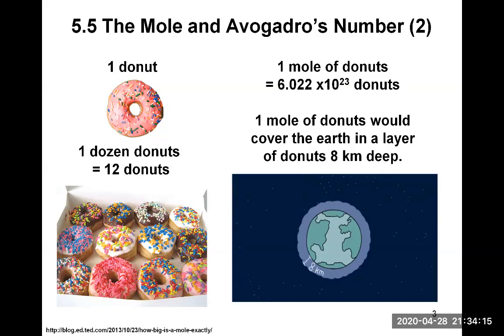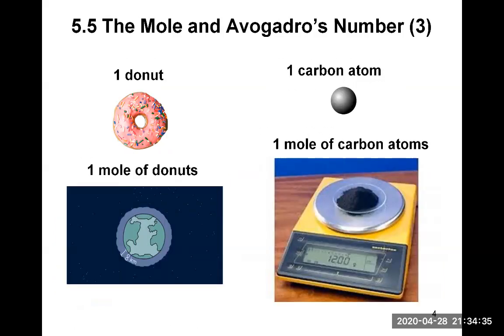And so this really shows you that if you start with a donut which is fairly big, it fills your hand, then it's impossible to gather a mole of things that are that big. But if you gather a mole of atoms, then it's more manageable. Like here, one mole of carbon atoms would fill a container that sits on the balance here on the right image.